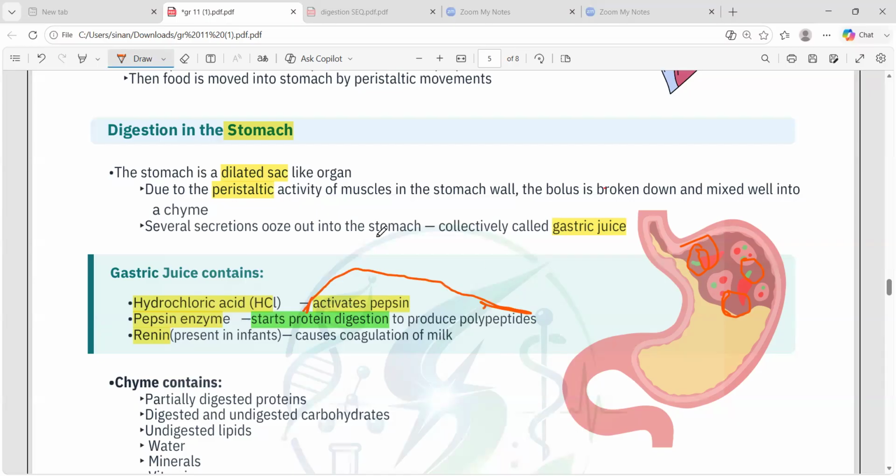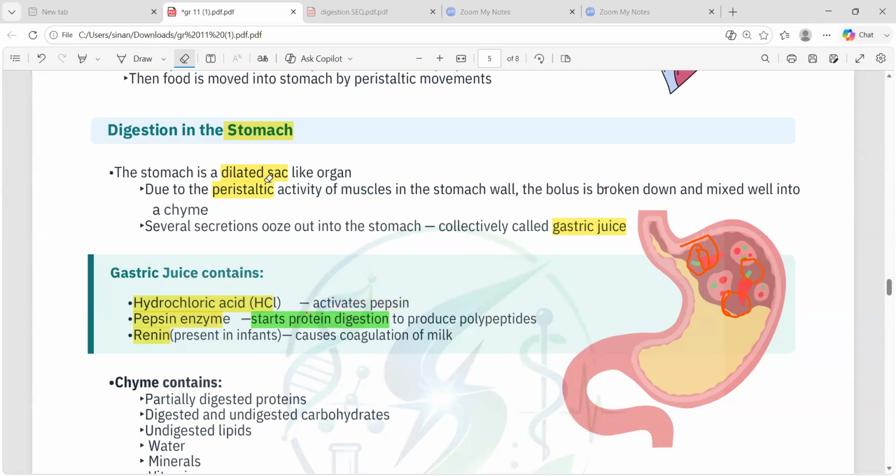If an enzyme is converting complex molecules into simple molecules, is it mechanical or chemical?